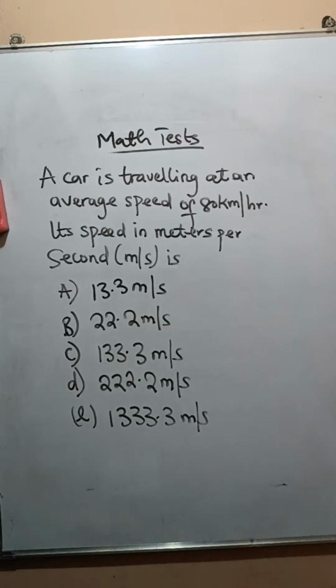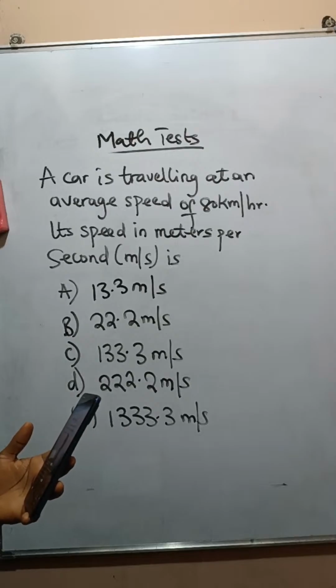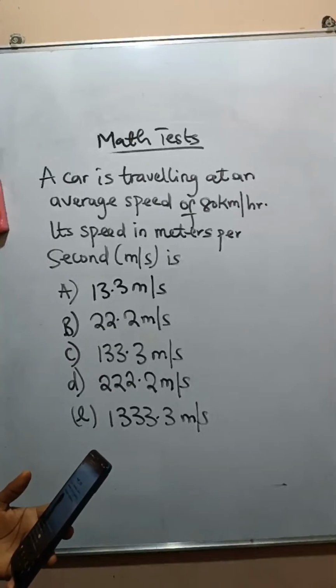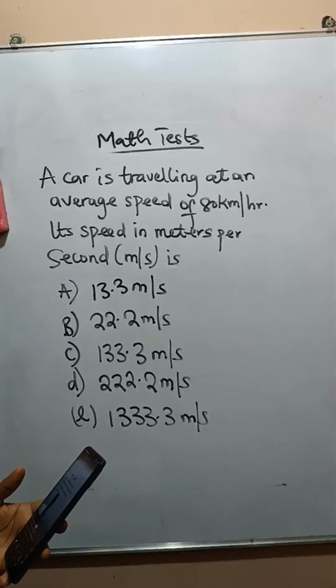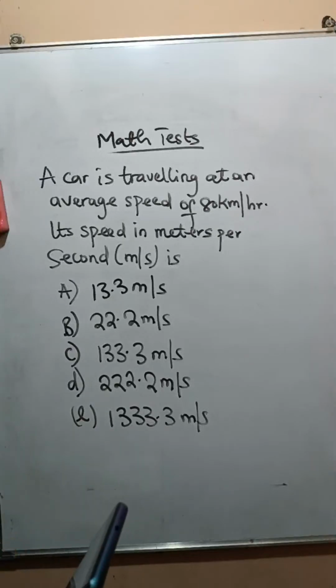Someone said the answer is option B. That is 22.2. Okay, Jubu says 400 over 9 meters per second. Bana is saying it's B. Boneka says it's B. Jugu says 400 divided by 18. Jugu, maybe you need to leave your answer in decimal and check through. Boneka is saying 22.2.